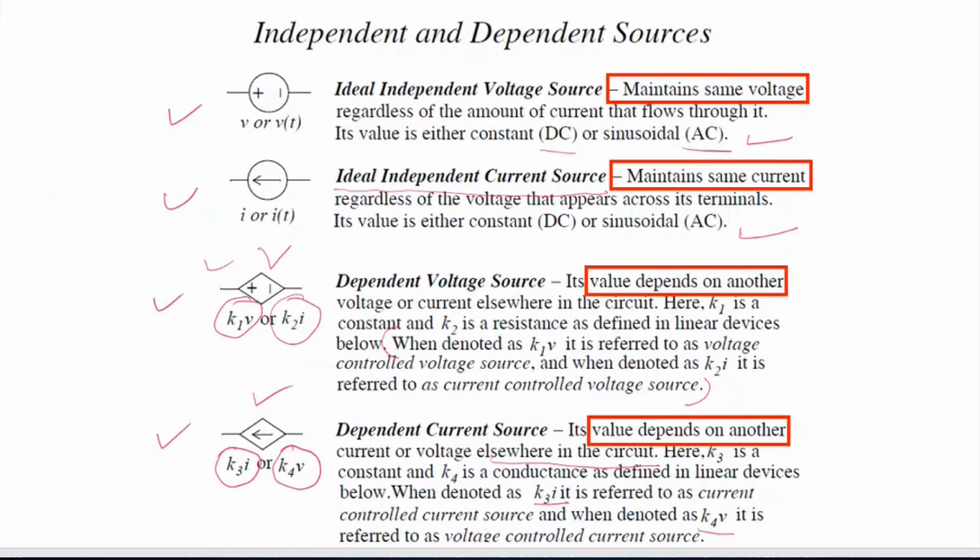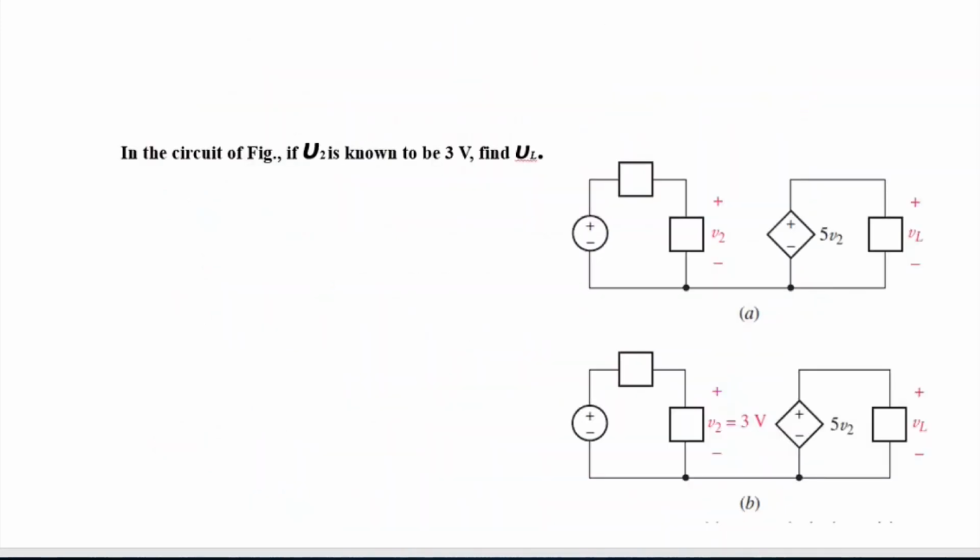Now, here is a small problem for you based on dependent and independent sources. Here it is written V2. Suppose V2 is equal to 3 volts, what is the magnitude of this dependent source? Here it is the dependent source, the only one dependent source.